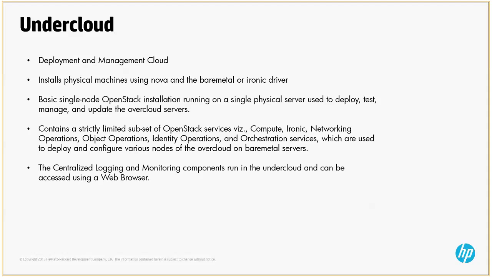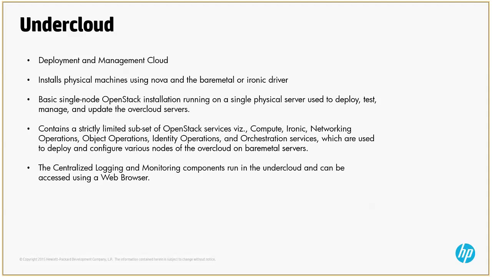As I already mentioned in the previous slides, to have an OpenStack environment, we might be having a controller, a compute node, and lots of nodes. But this is a single node, a basic installation with only one node. That is the undercloud running here, and it is used just for deployment, testing, management, and update of Overcloud servers or Overcloud OpenStack nodes.